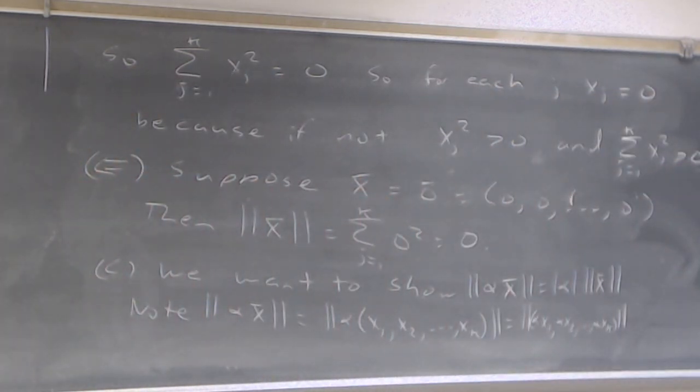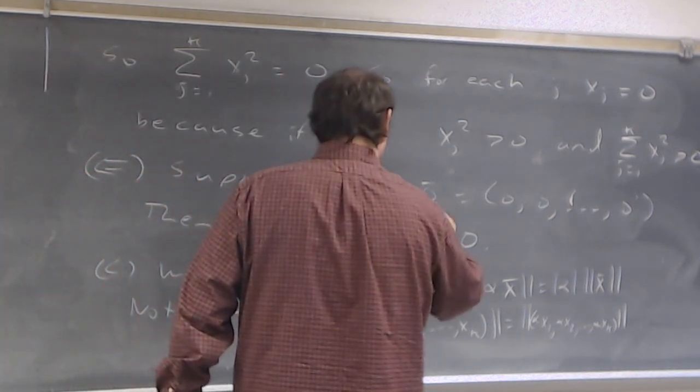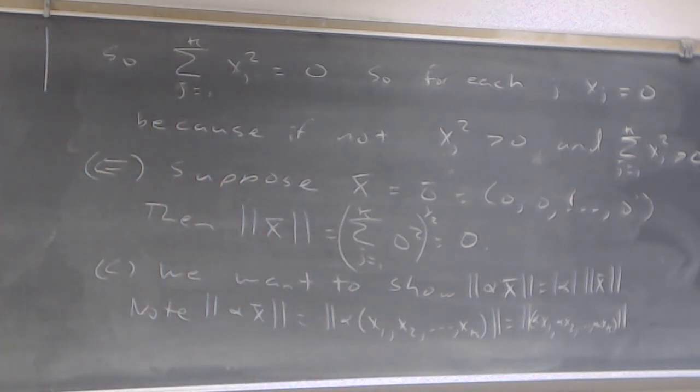And so if we apply the definition of what the norm is, remember this is going to be raised to the 1/2 power here. I forgot to write that down. What I wrote was correct, but I want to include the one step for what the norm is.